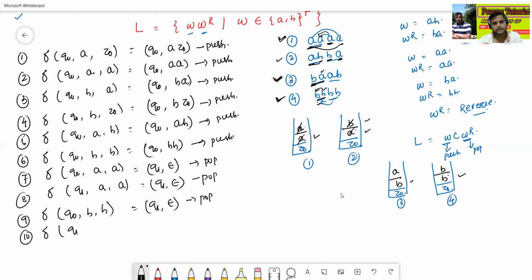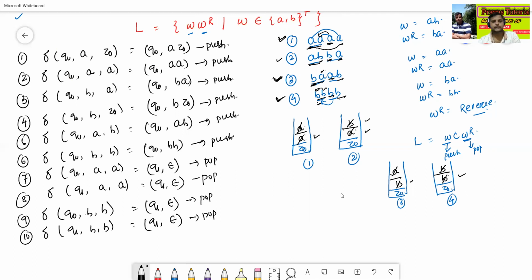Tenth, delta(Q1, B, B) gives Q1, epsilon. So this is the pop operation; this B will pop this one. A will pop A, B will pop B, B will pop B, and B will pop B.